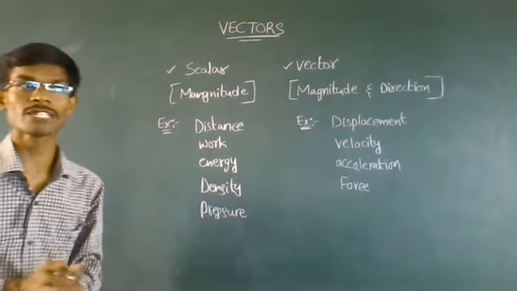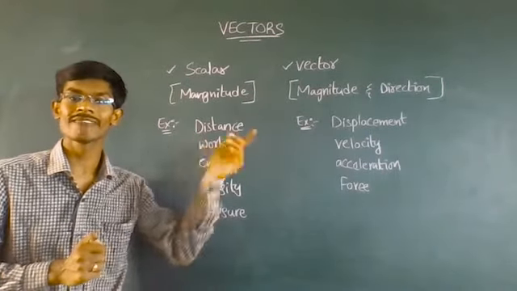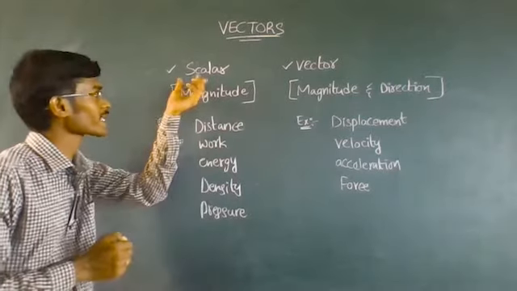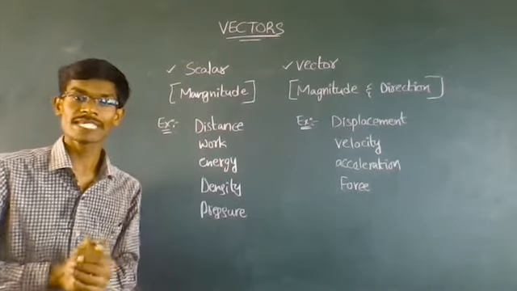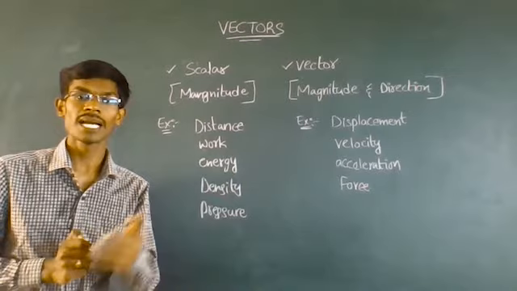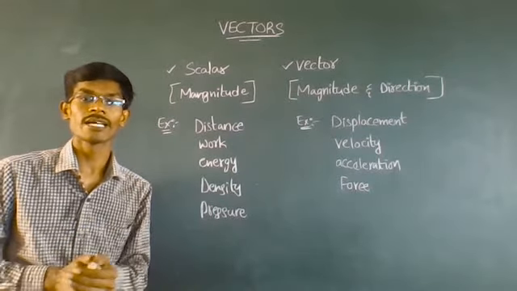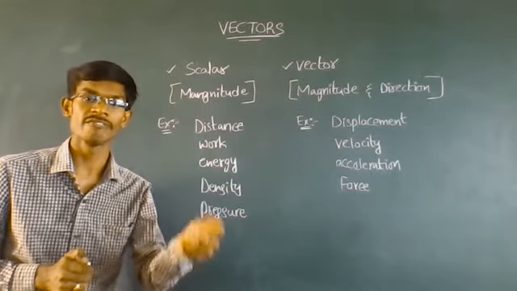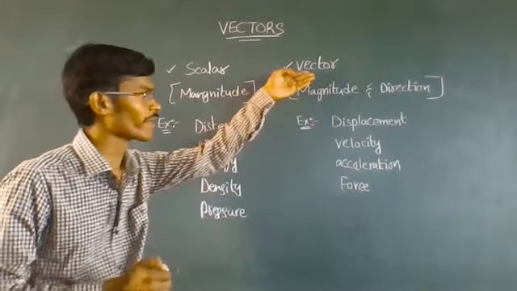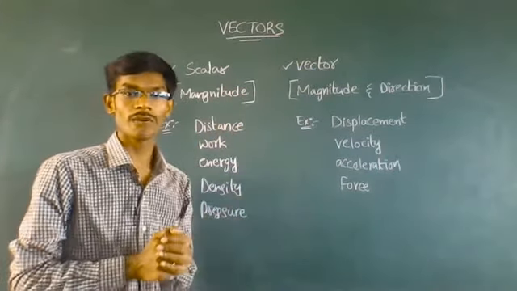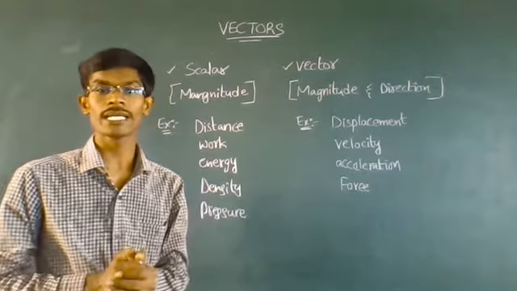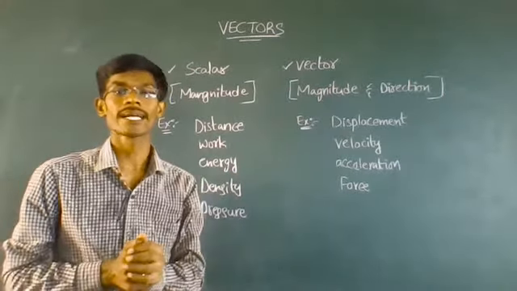And one more difference between scalars and vectors. Scalar physical quantities follow normal algebra, whatever we are following: addition, subtraction, multiplication, division. But vector physical quantities, meaning directional physical quantities, follow vector algebra.